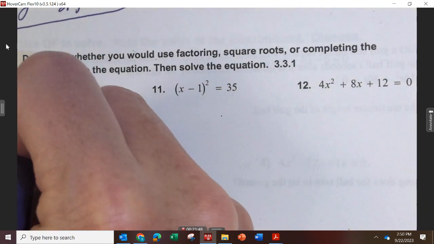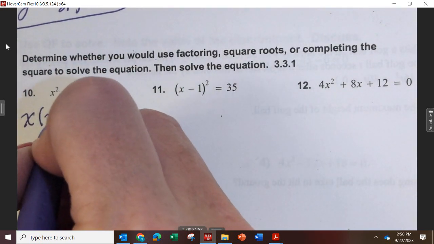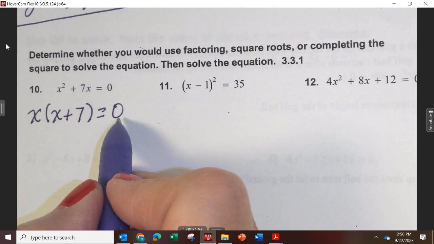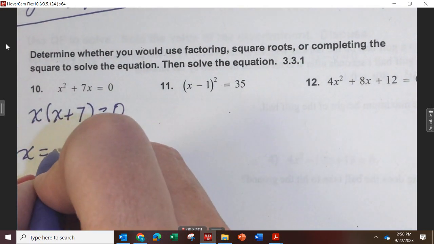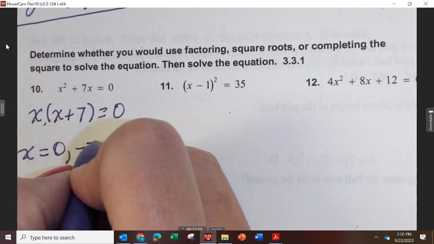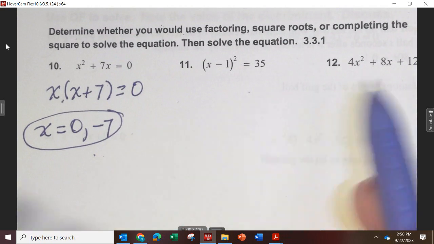X. So factor out the x, and what are you left with? X plus 7. Is it equal to 0 like we need it to be? Yeah. So what are the solutions going to be then? X equals 0 and -7, right? Do things the easy way.